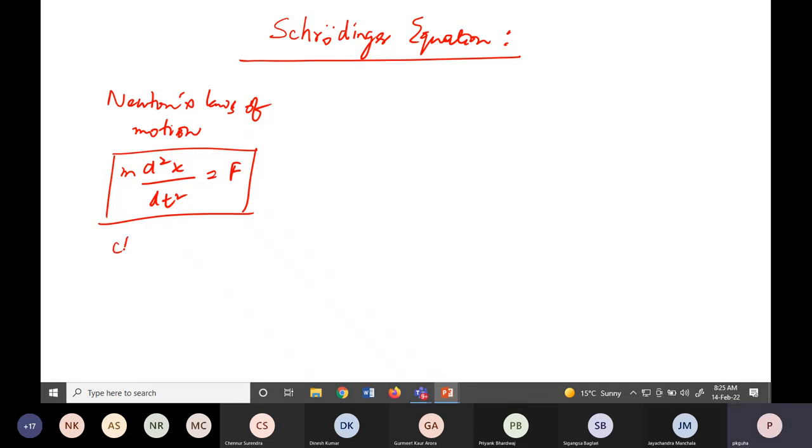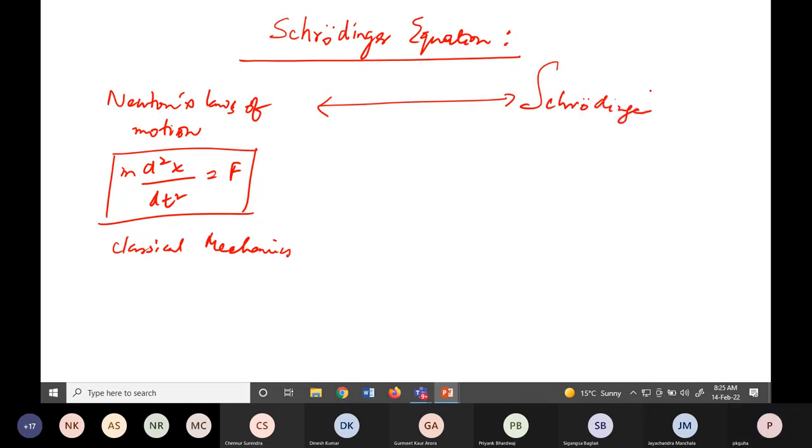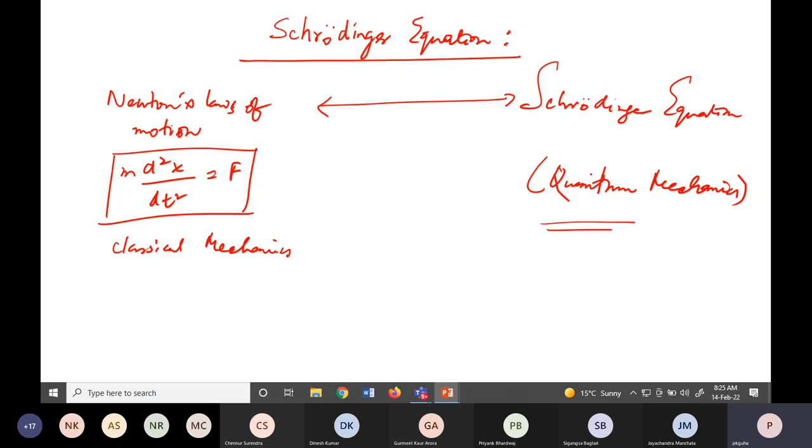So this is in classical mechanics, but soon we found that this Schrodinger equation is a bit different compared to the mechanics we have been familiar with. So that is the classical mechanics. This new branch of mechanics came to be known later on as quantum mechanics, right?